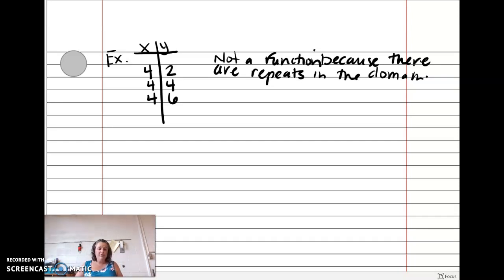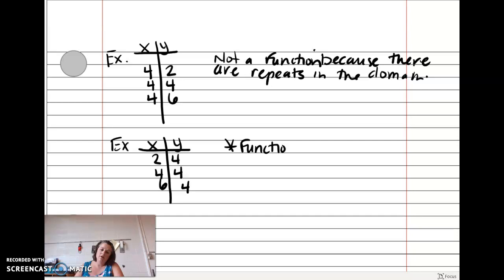As soon as I flip this around and did 2, 4, 4, 4, 6, 4, this one is a function because there are no repeats in the domain.